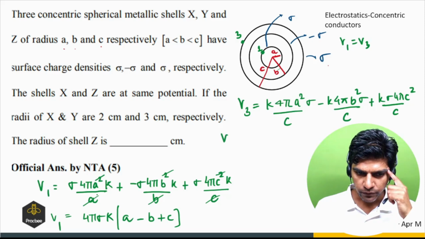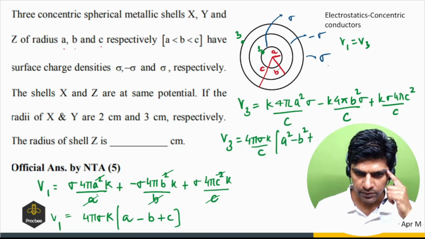So if we simplify this, 4 pi sigma k by c will be common, and we have a square minus b square plus c square.